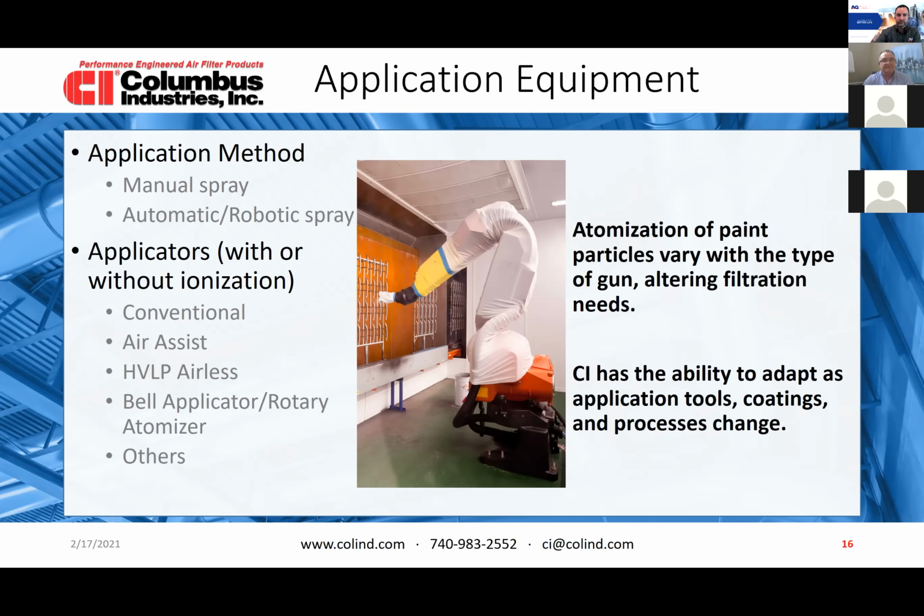In every atomization there's an array of particle size distributions, from one paint to the other, but also from one applicator to another. As you can see, there's manual, automatic, and I'm sure you know the different types of spray guns and bells and so on.